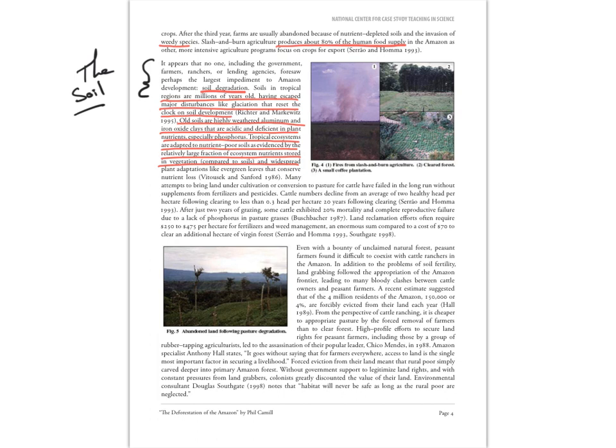So we're looking at 80% of the human food supply in the Amazon being produced by slash and burn agriculture.